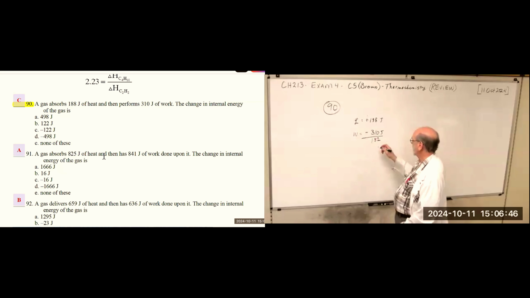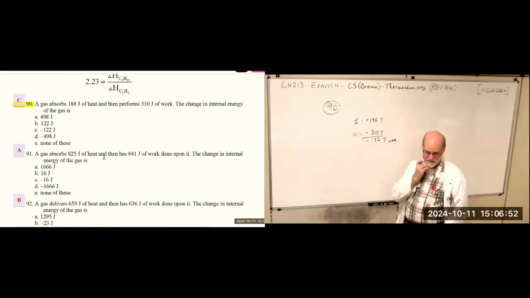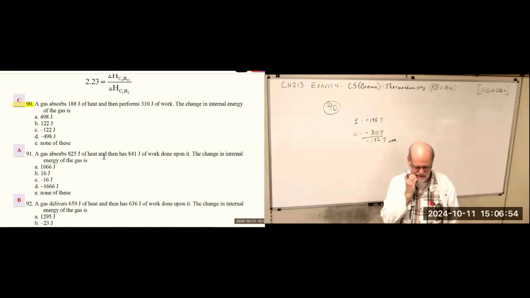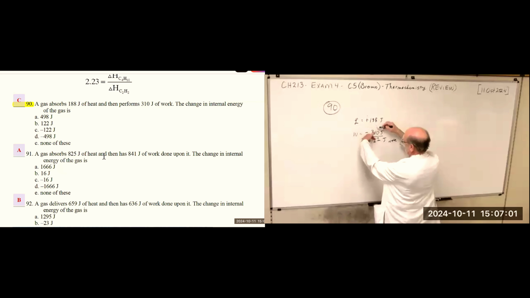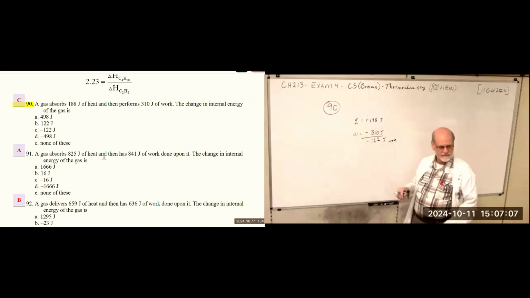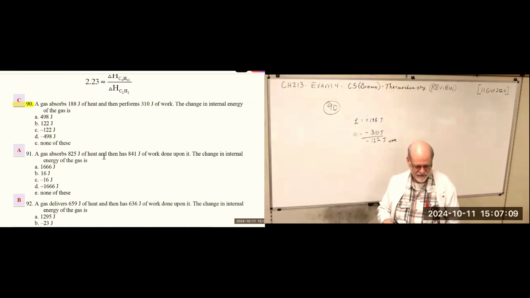So that's negative 132 joules of work is done on the surroundings. Oops, I made a mistake. Calculation error.